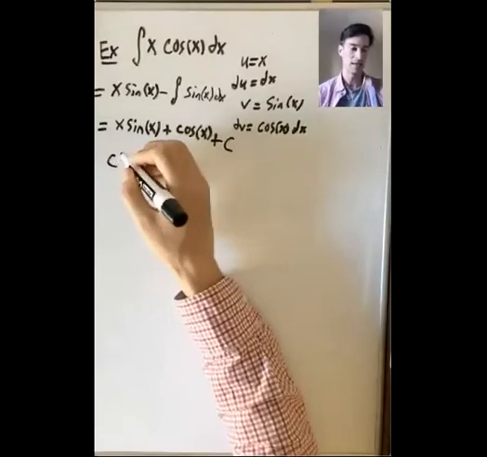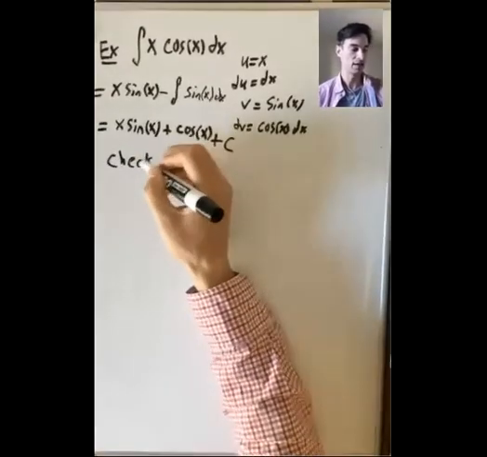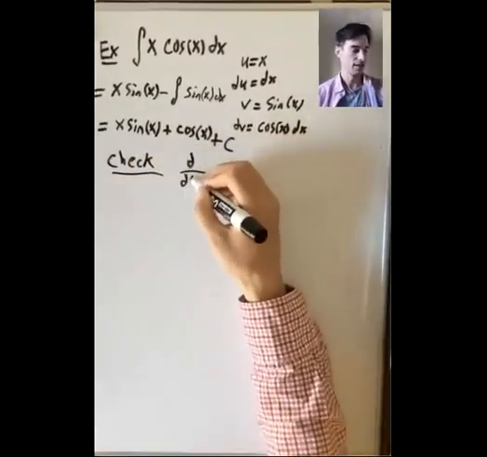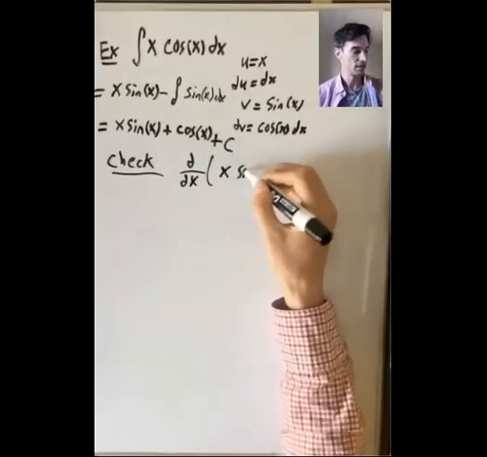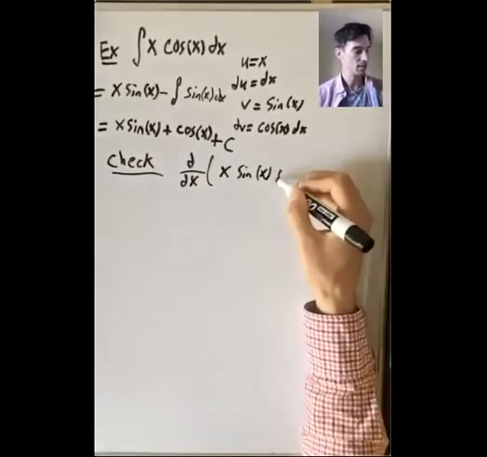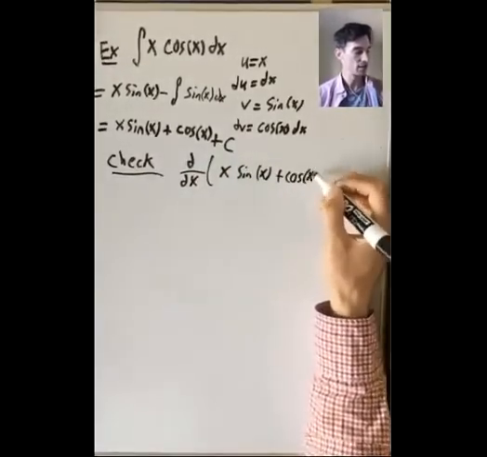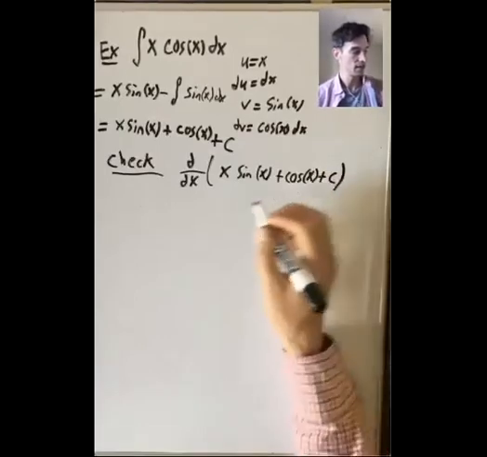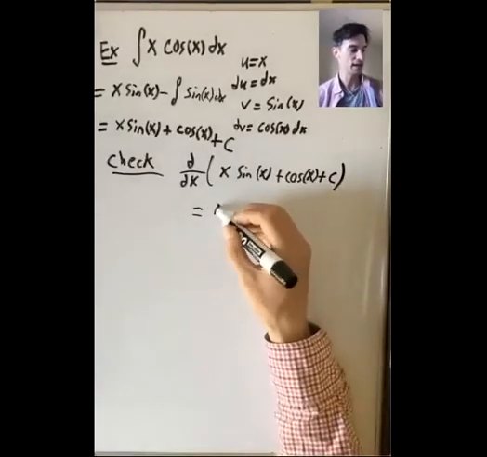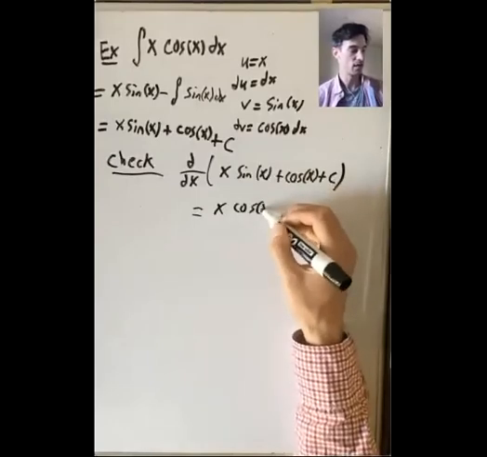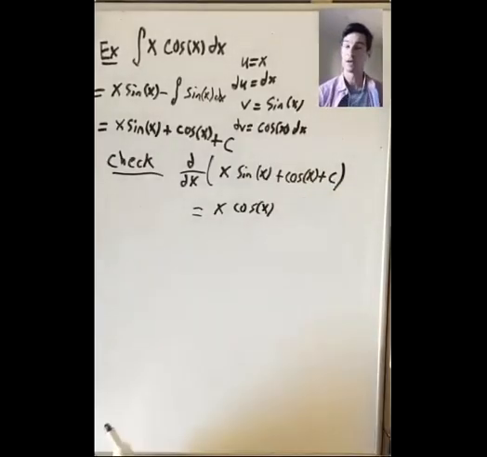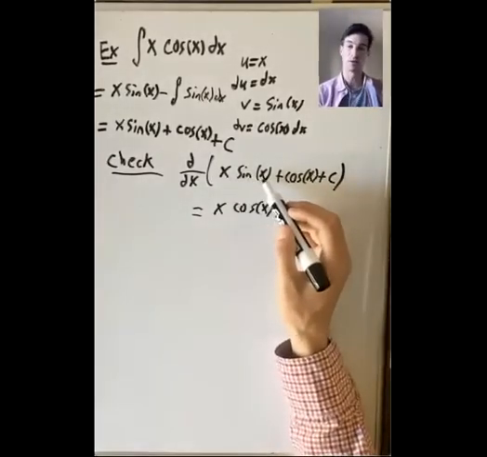Same thing, you can check. d dx of x sine x plus cosine of x plus c is equal to x times cosine of x. Where does this come from? You apply the product rule to the first part.